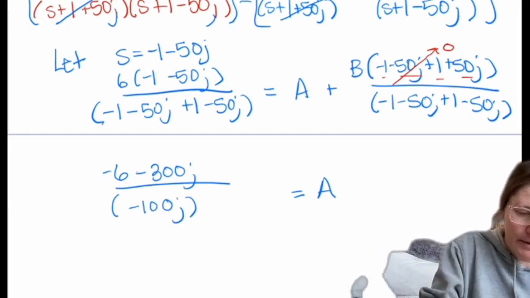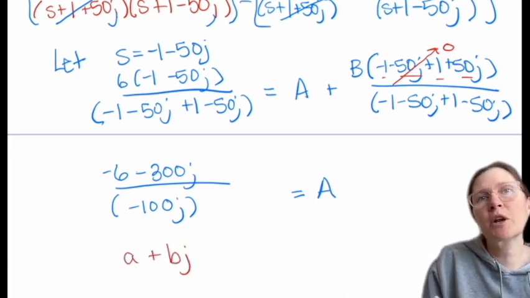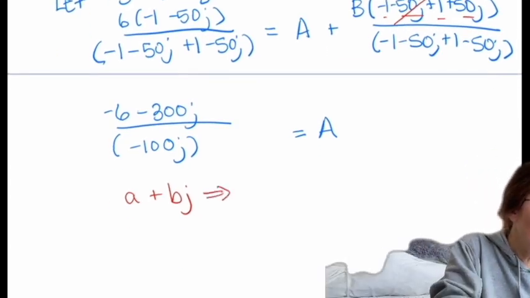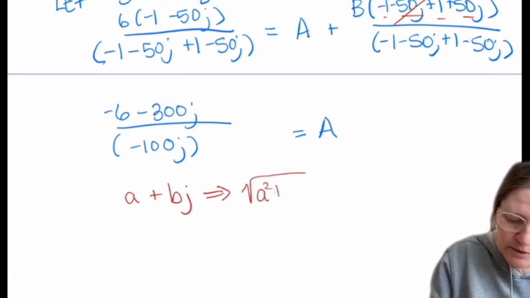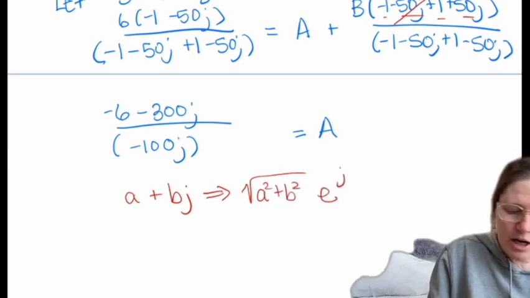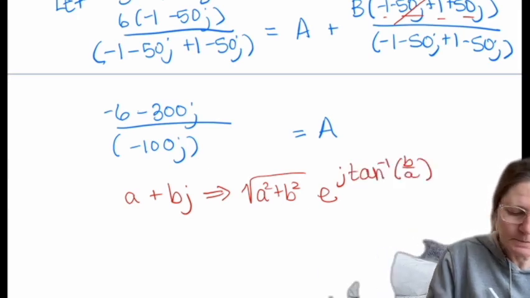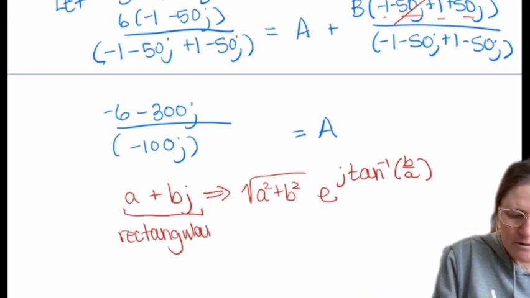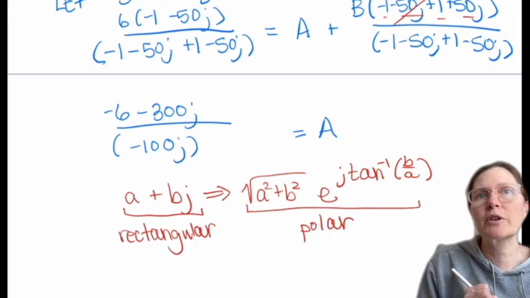And remember that rectangular form, A plus Bj, if we want to put it into exponential form, this is going to be the square root of A squared plus B squared, and e raised to the j inverse tangent of the imaginary part, which would be B over A. So this is rectangular form, and this is polar, and we want to move to polar form for this.